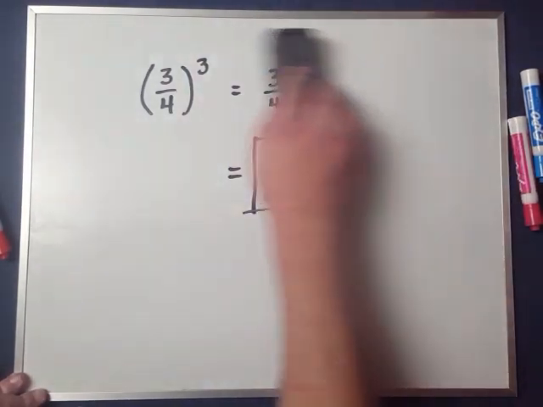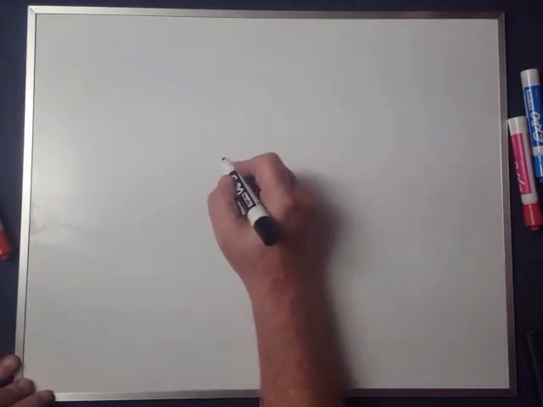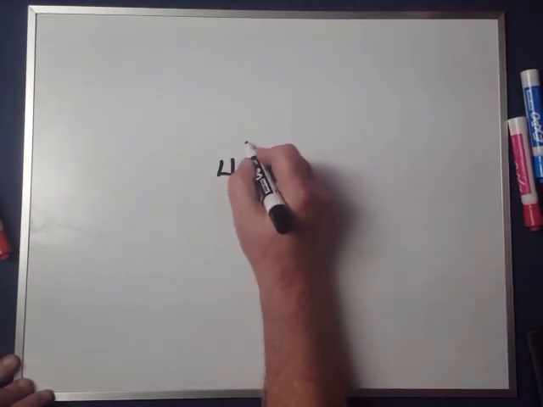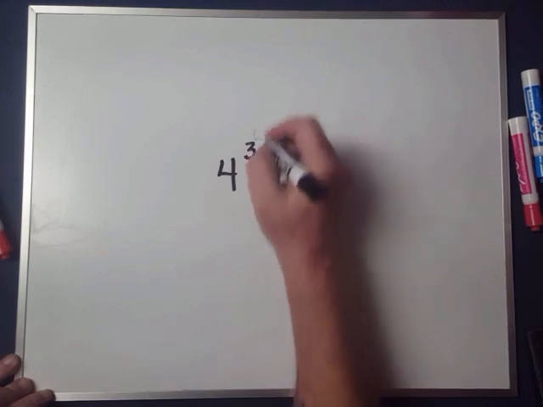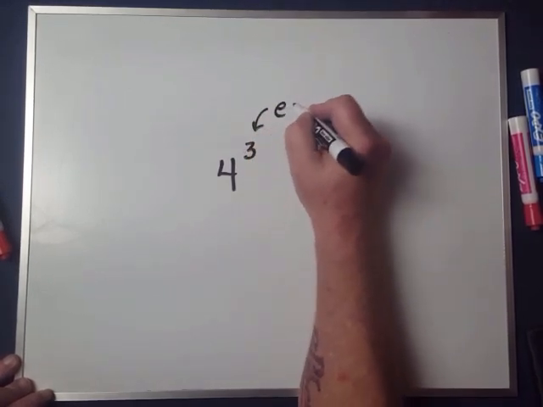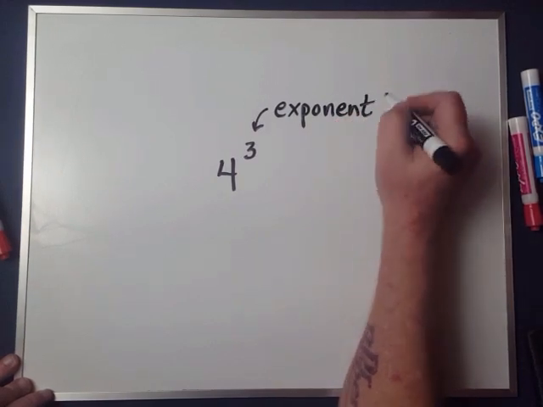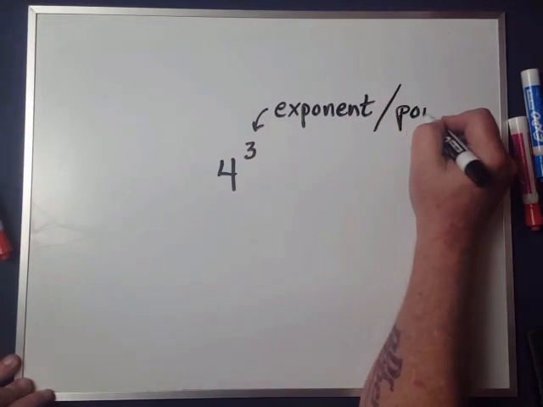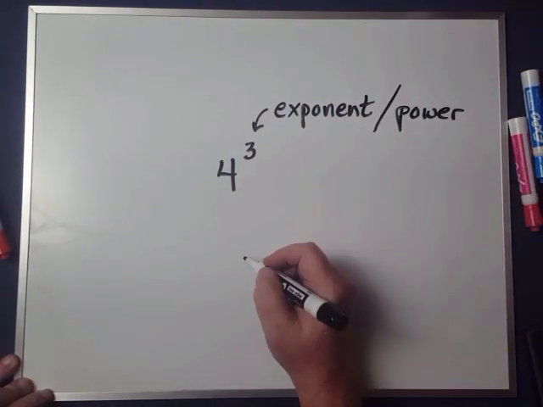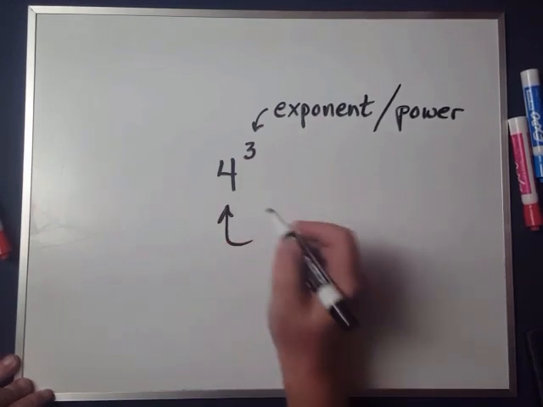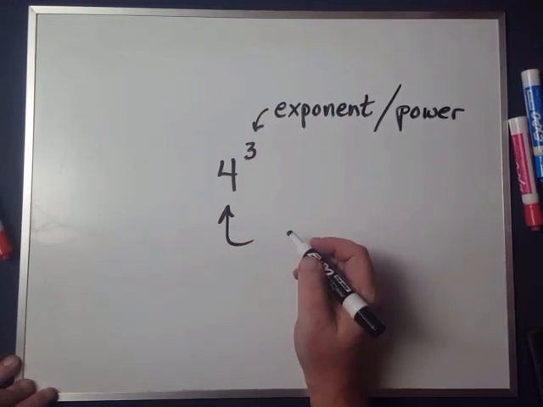Let's go ahead and be reminded that when I have an exponential expression like 4 to the third power, the 3 is called the exponent or the power. And the 4, do you remember what it's called?